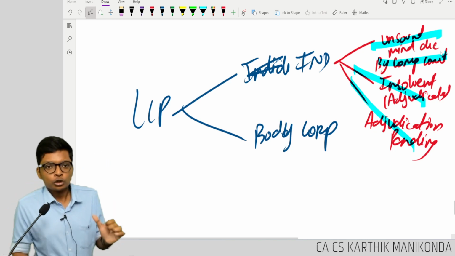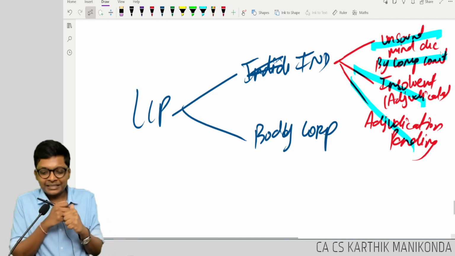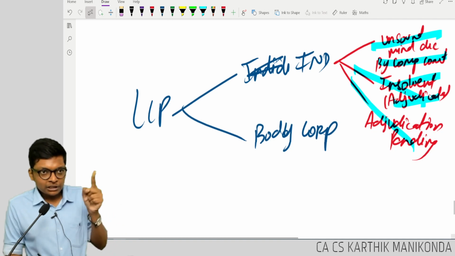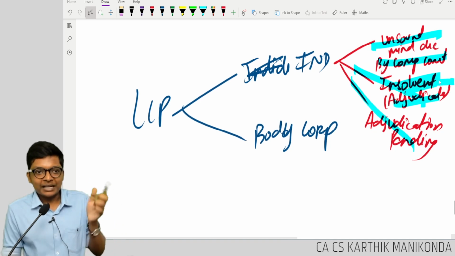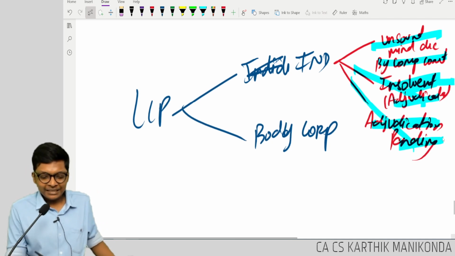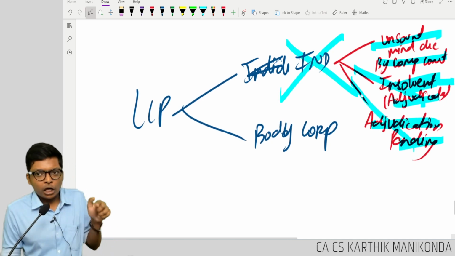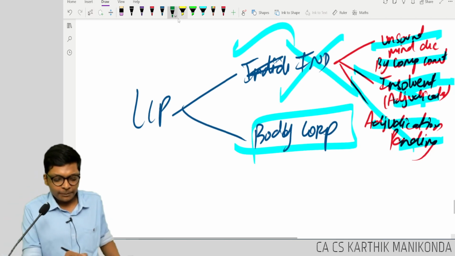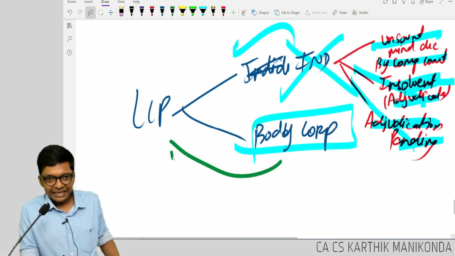Clear, guys? So if somebody is of unsound mind declared by a competent court, or you are insolvent adjudicated by the court, or adjudication is pending, then you can't be a partner of LLP. Otherwise an individual can be a partner. Body corporate can be a partner of LLP.